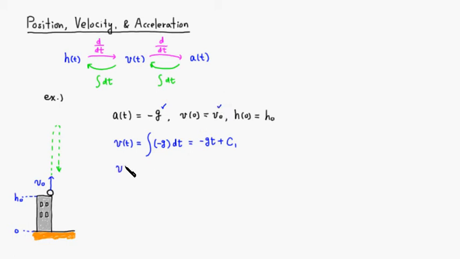So if time is equal to 0 in the beginning, if you plug in 0 here, negative g times 0 plus C1, this is going to be just C1. And it has to be equal to v0, right? So C1 turns out to be v0. So we have a complete formula for the velocity, which is negative g times t plus v0, right?